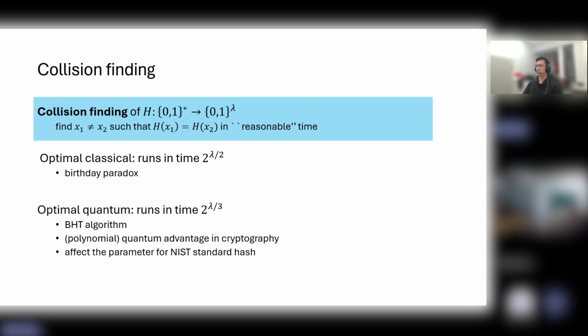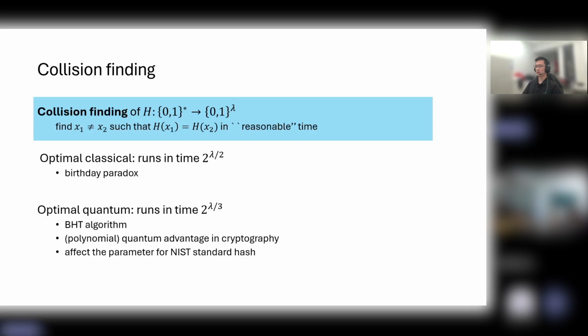And for quantum algorithms, there's a famous algorithm called the BHT algorithm, which is a time-space tradeoff, but if you optimize in terms of time, it gives you 2 to the lambda divided by 3 queries to h.